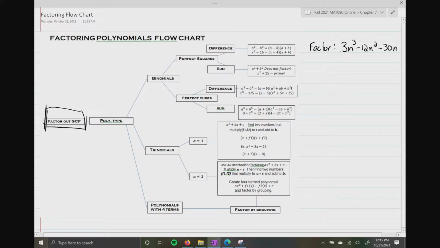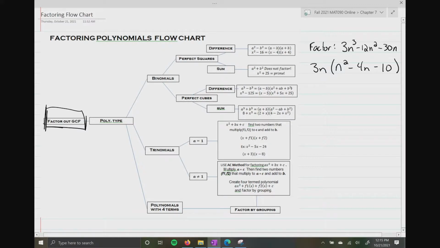So when I look, I see each term has a multiple of 3 and also has the variable n. So I know I can factor out 3n. So I'm just going to go ahead and factor that out. That's going to leave me with n^2 minus 4n minus 10.